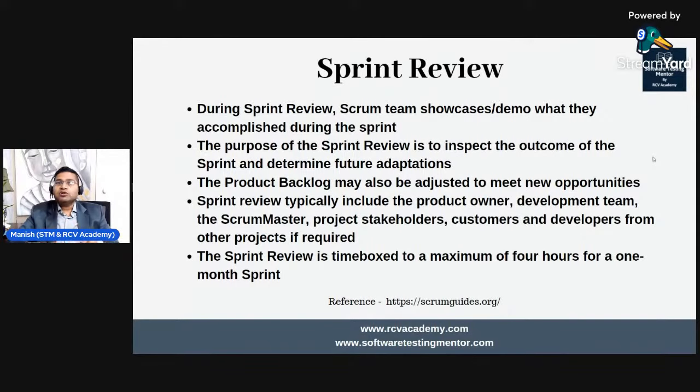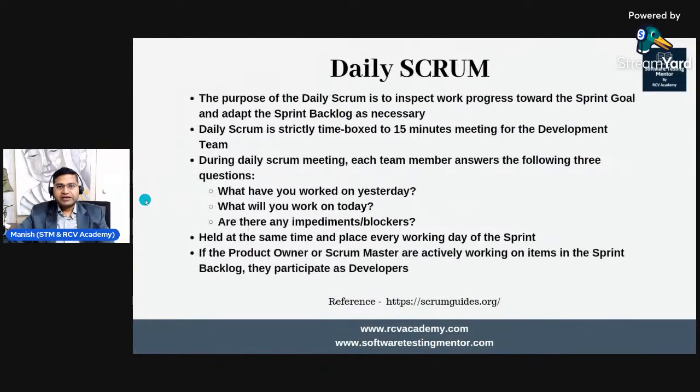If you are following 2 week sprints, it should not be more than 2 hours. So this is a time boxed event as well. This is what happens in sprint review, and based on the review, we'll go back to the diagram.